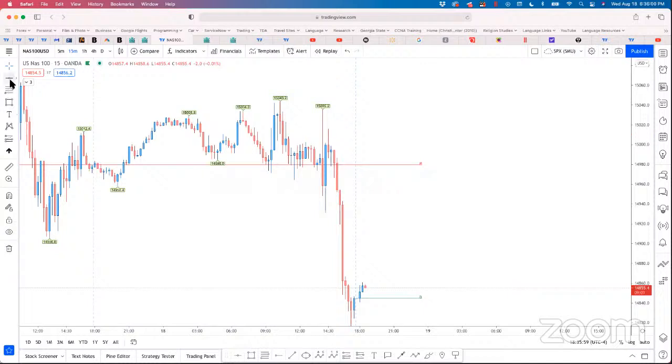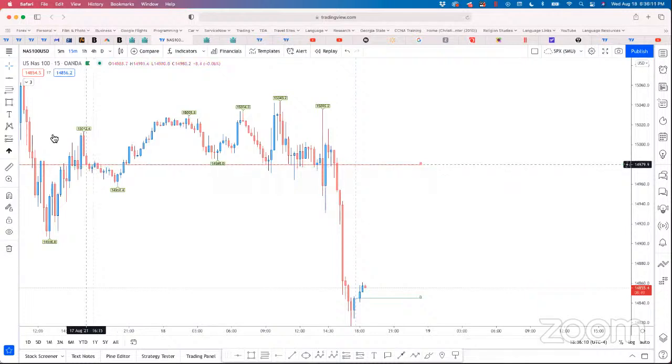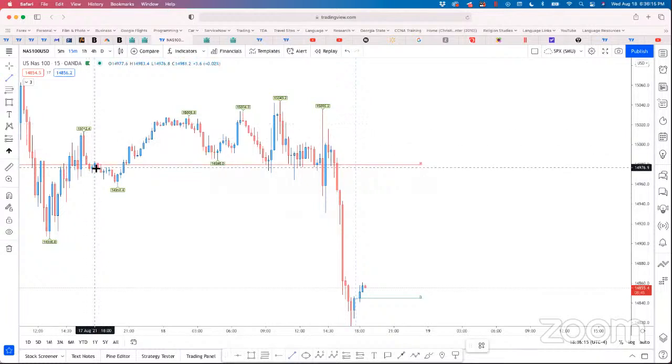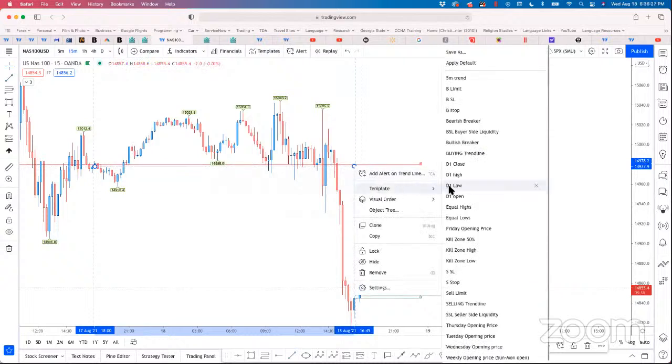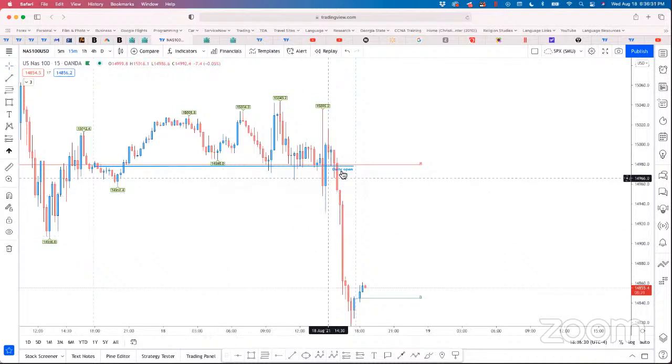So on NAS, our opening price was here. I'm gonna do it different. Opening price for the day was here. That's the daily open.